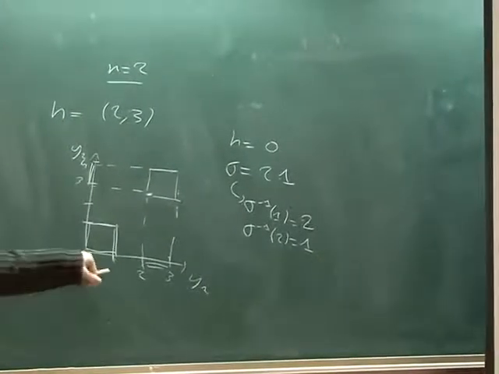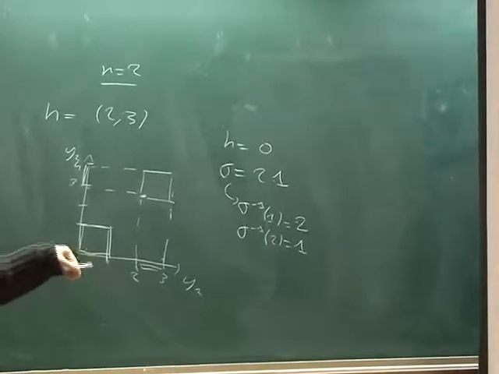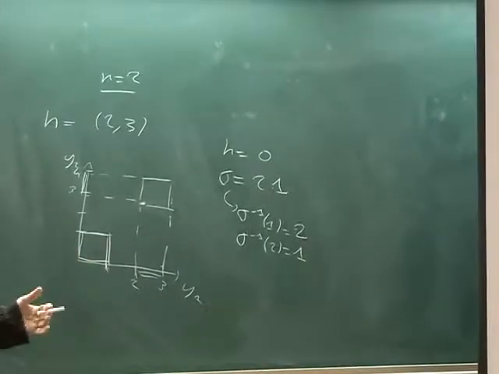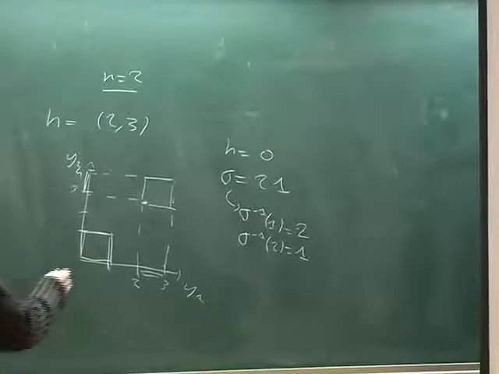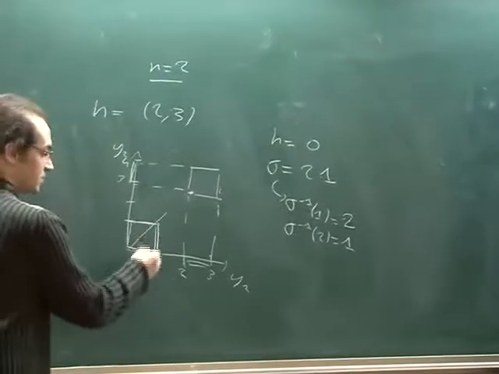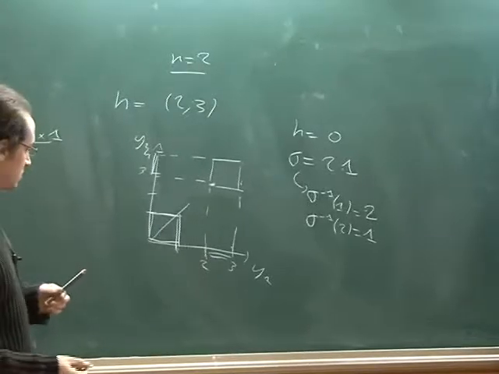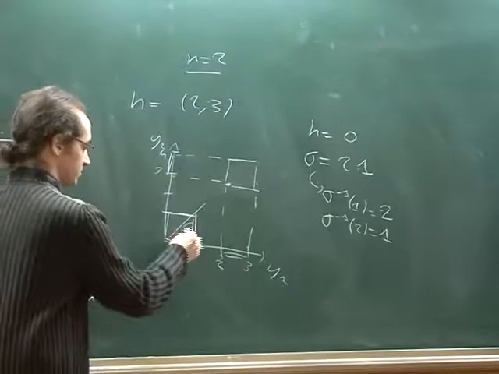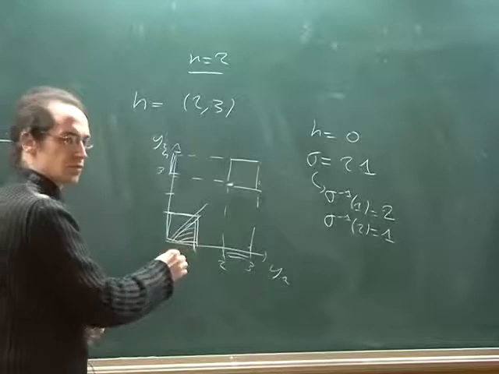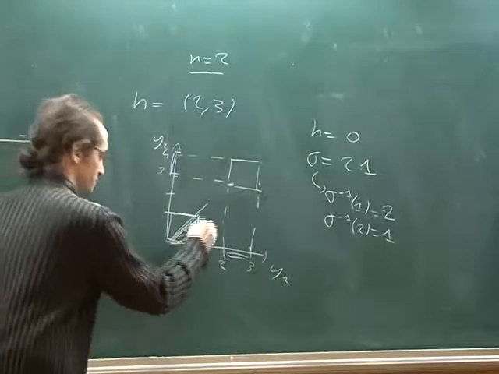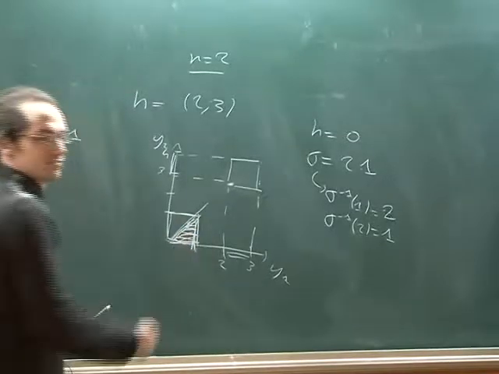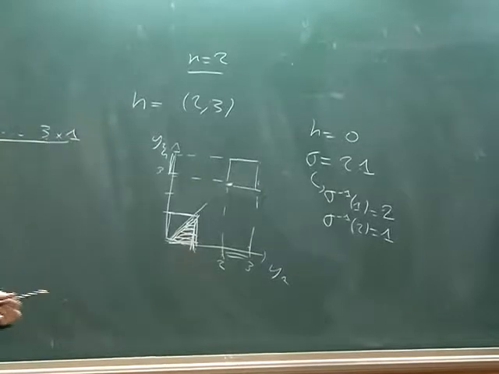Here we are already between 0 and 1, so it means that y2 has to be smaller than y1. So you subdivide here, and y2 smaller than y1 is here. So this is an elementary subpolytope.